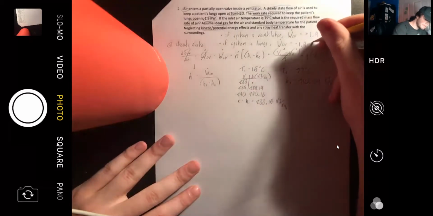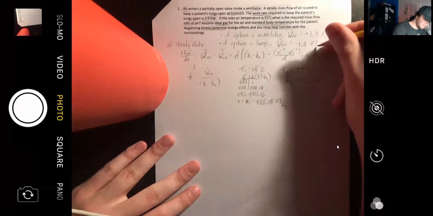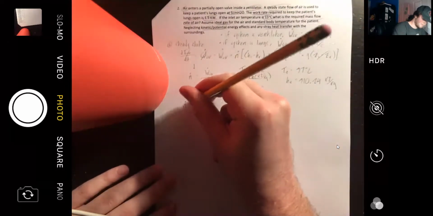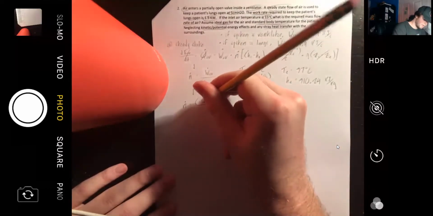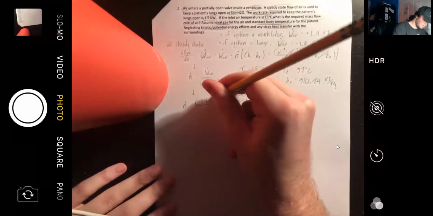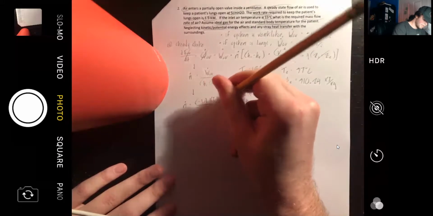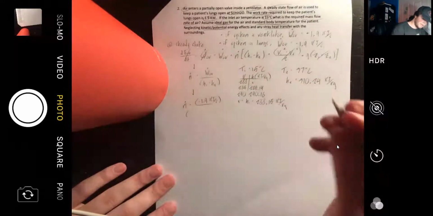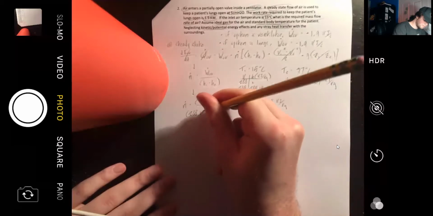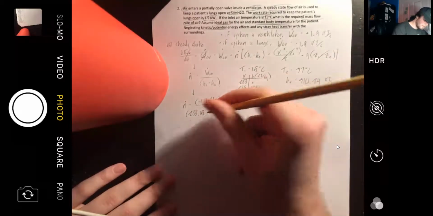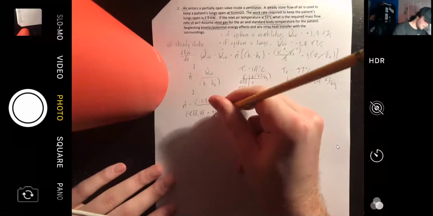I'll be using this lung system work dot just because I believe it makes more sense to explain the positive mass flow rates conceptually. So mass flow rate will be equal to the numbers we found, negative 1.9 kilojoules per second over H1 minus H2.